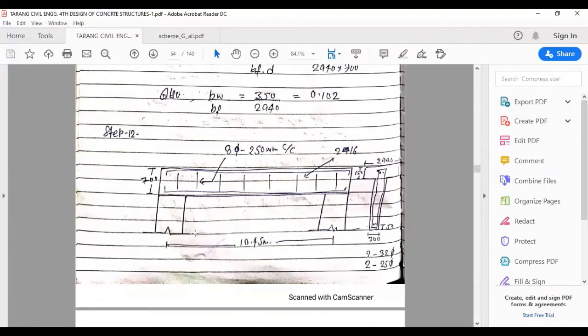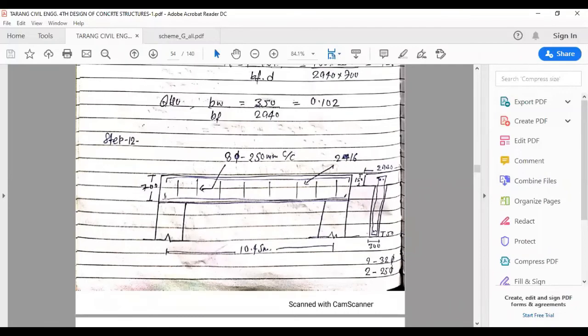So this is how our section is going to look. This is the effective depth, small d, which we found out, and these are 8 mm dia bars, which are spaced at 250 mm center to center.